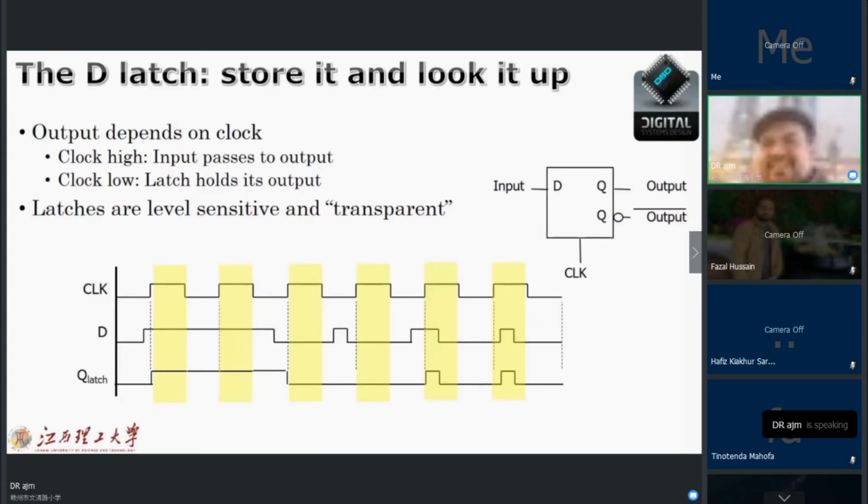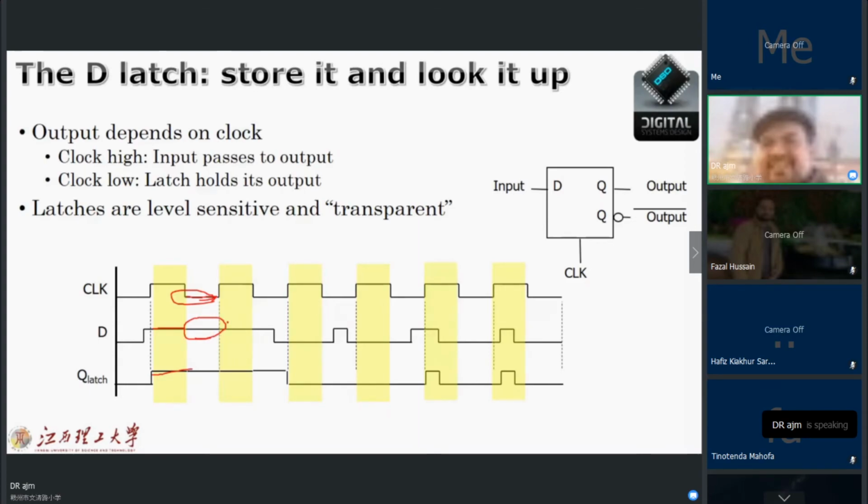As you will see here, we have the timing diagram. In this timing diagram, you can see that when I have the clock high and my input is 1, then the output is 1. Again, for the next one, when the clock is low, it will latch, meaning that it will remain, or hold.